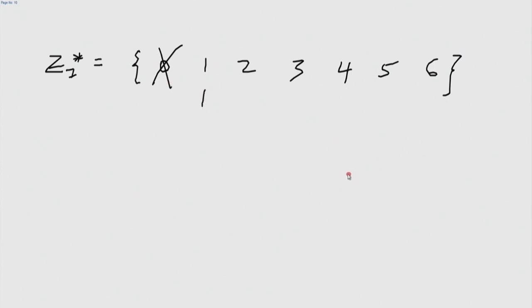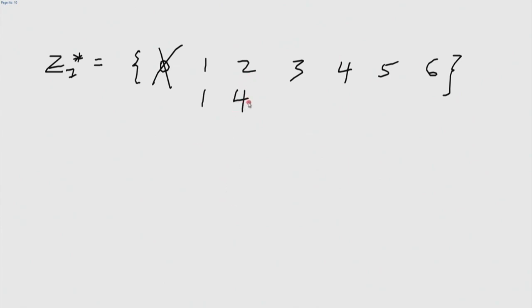Okay, there was another question about the multiplicative inverse in the set Z7 star. I made a mistake as I was writing, so I'll just clarify that. The inverses. The inverse of 1, the inverse of 2, 2 multiplied by 4 is 1.